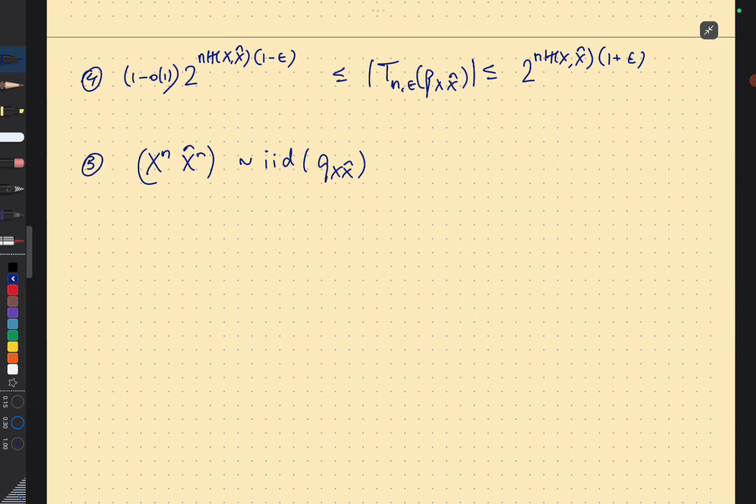Then what can we say about the probability that x^n, x hat^n lies in the typical set but defined according to P of x, x hat?